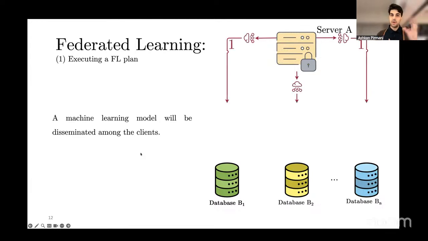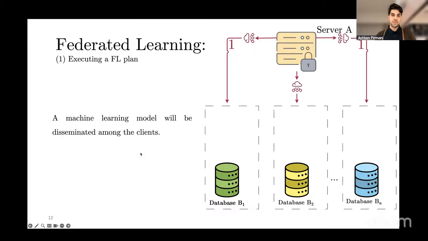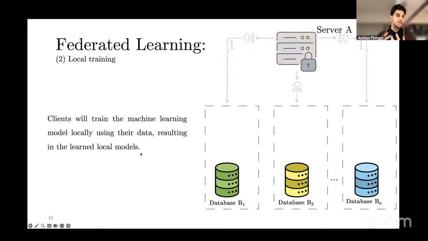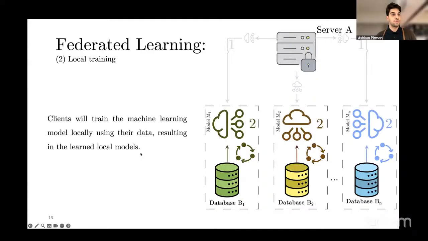You can think of it as a machine learning task. For this, an ML model has to be sent to the client side, and then the clients, using the model they have received from the server, are going to train their own model using their own local data. And this will result in model parameter gradients.